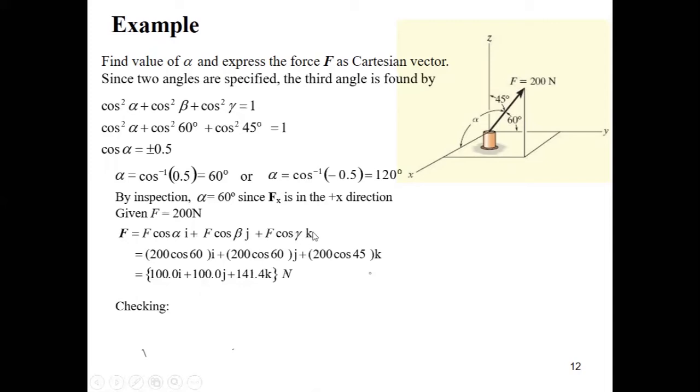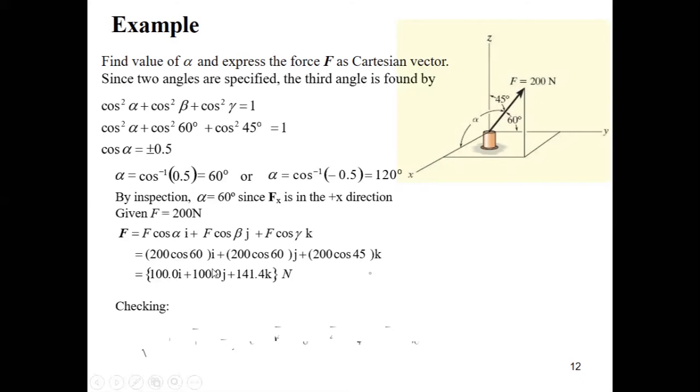Now we know the angles: alpha is 60 degrees, so 200 cos 60. F is 200 Newton, beta is 60 degrees, and gamma is 45 degrees. So it will be 100 i plus 100 j plus 141.4 k Newton.